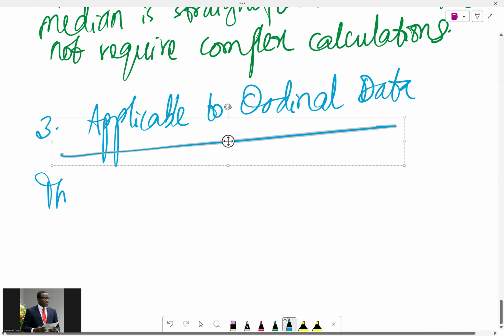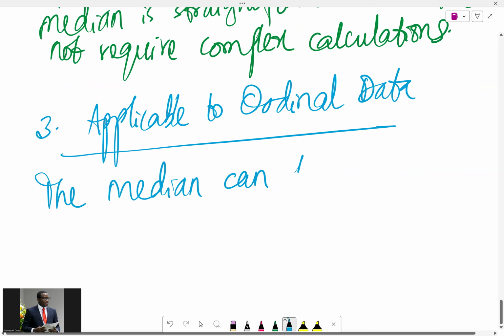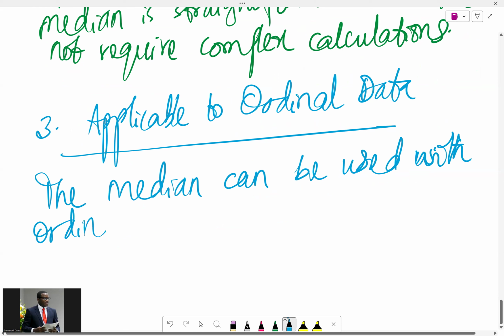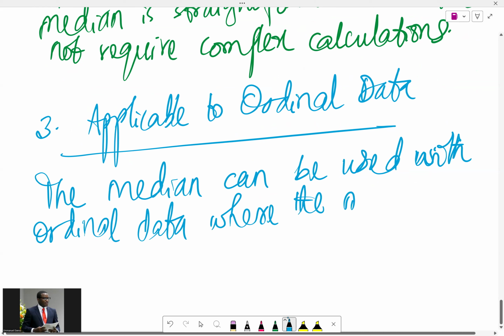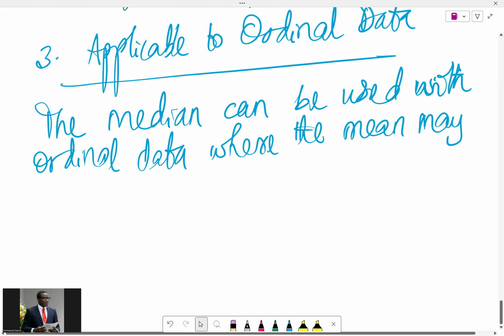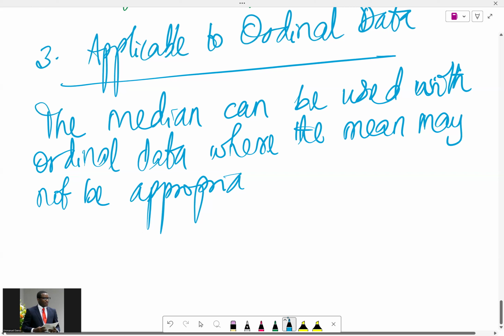The median can be used with ordinal data where the mean may not be appropriate. We cannot calculate the mean for ordinal data.